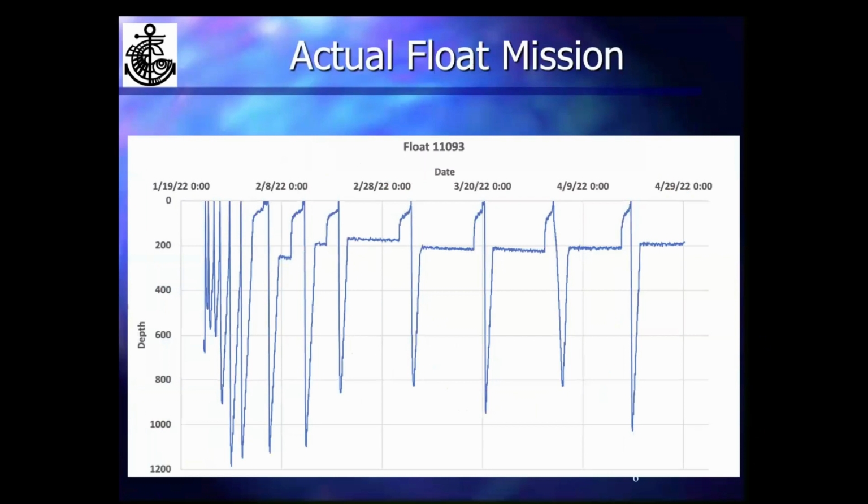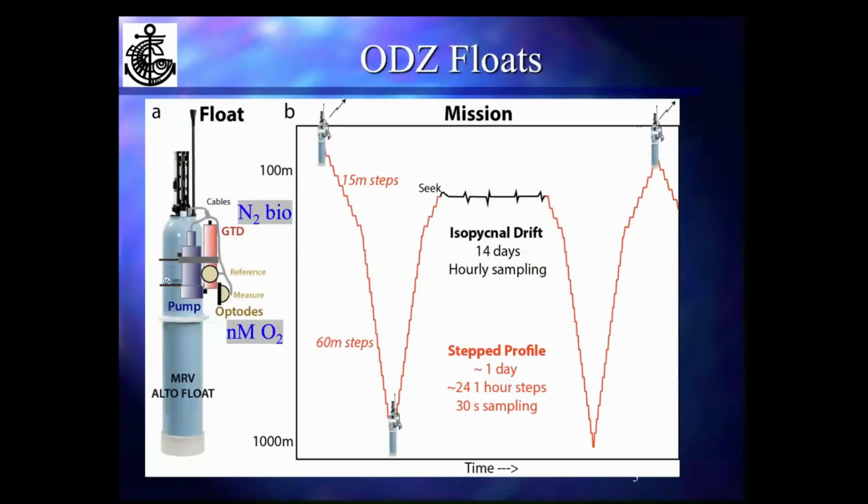Also, we wanted to have unique missions that we were testing out to see if we could apply them to our scientific objectives, where basically the float would do step profiles. Part of the reason we need these step profiles is that one of the sensors, the GTD, which measures nitrogen, has a relatively long response time, on the order of 15 minutes or so.